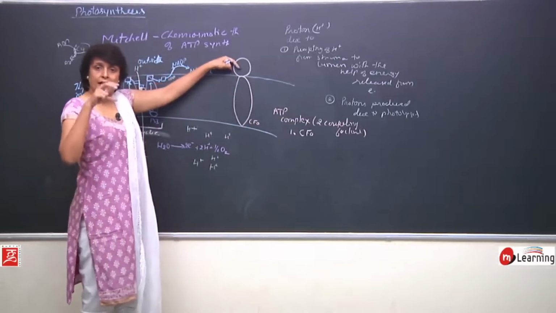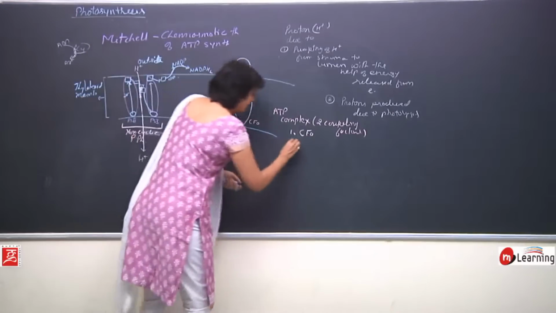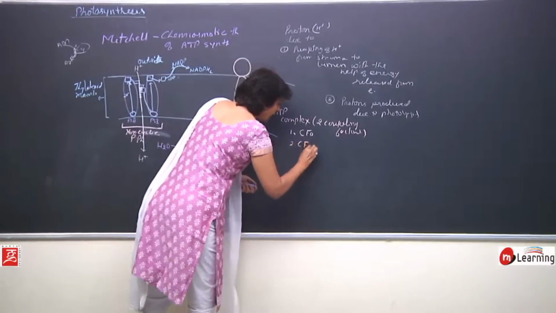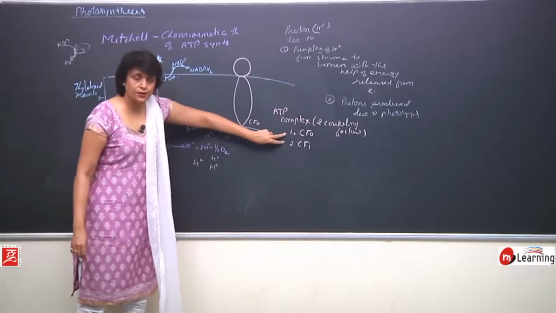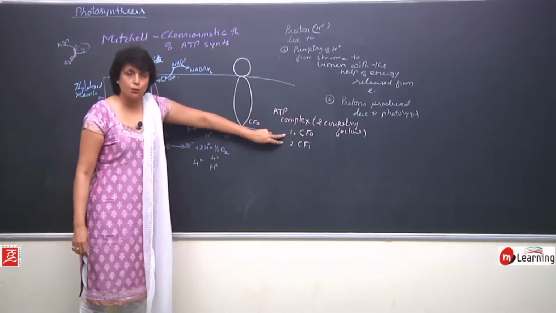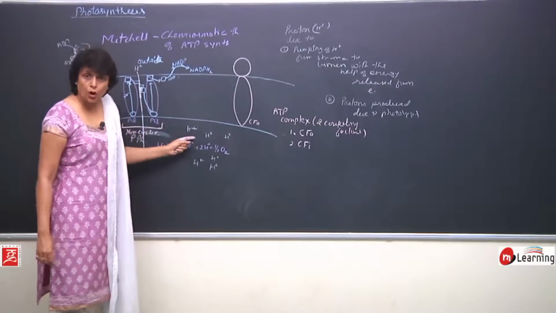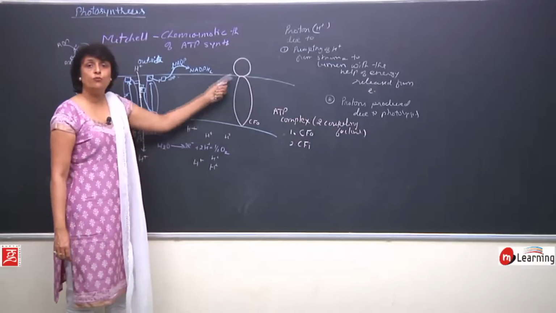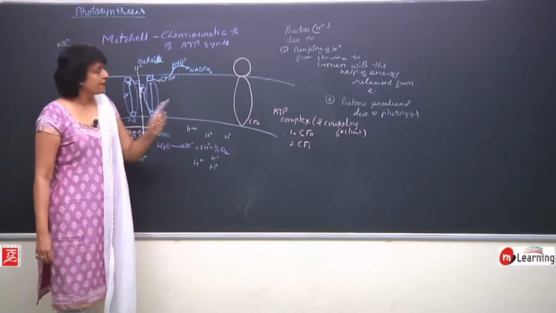Another part which is attached to it in the form of a head is a peripheral protein, and it is known as CF1. So, these two coupling factors, which are basically proteins, make the ATP complex. Protons can move back only through these ATP complexes.